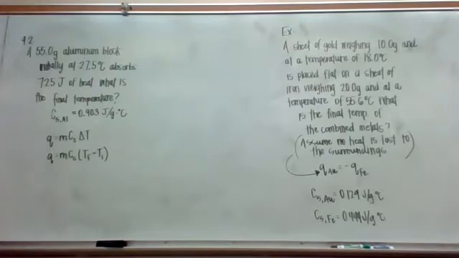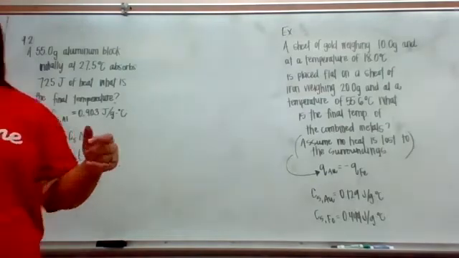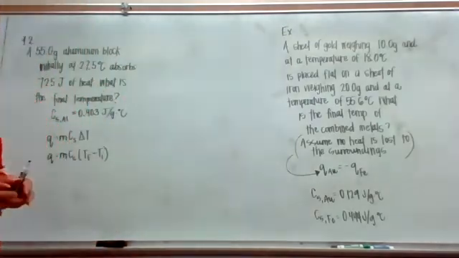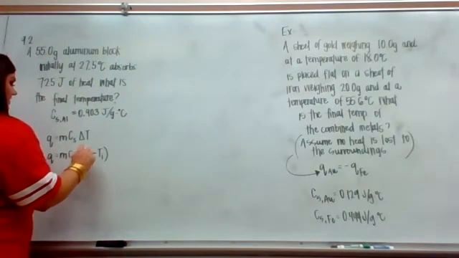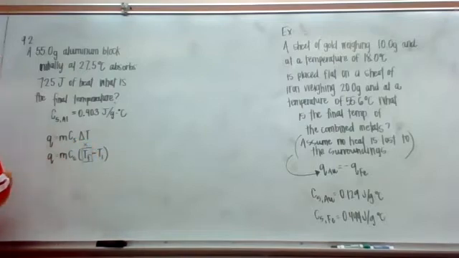Okay? So in this particular problem, we're looking for T_f, or the final temperature. That's what we want to find. We can set this to be our X, if you'd like. Then we're just going to plug in everything else that we're given.